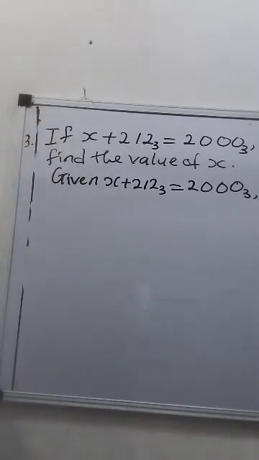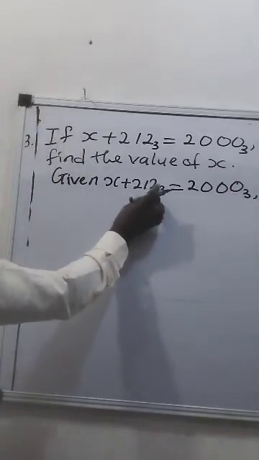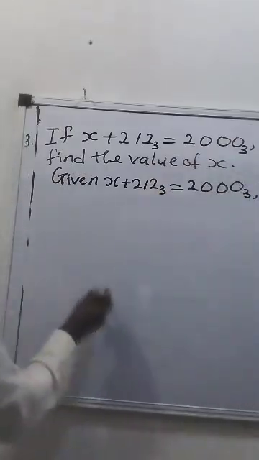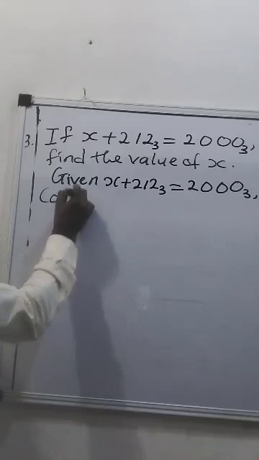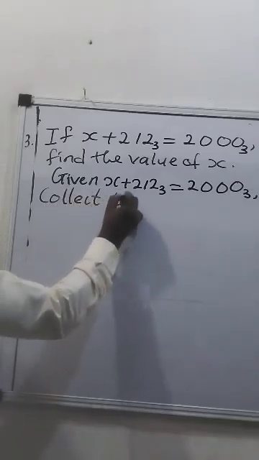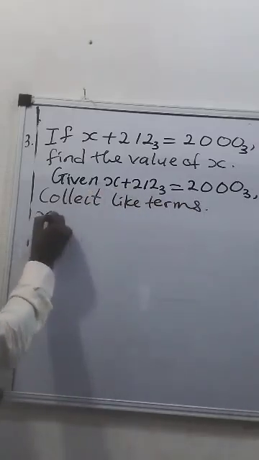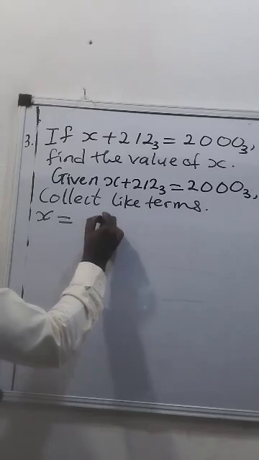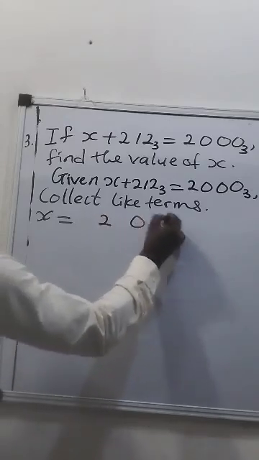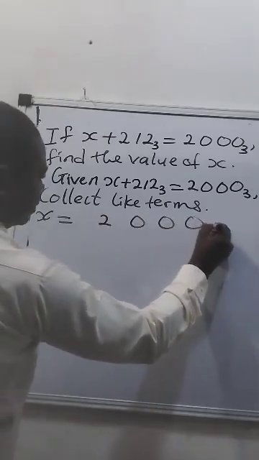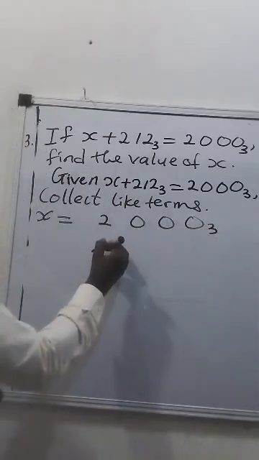So we are going to collect like terms. So we are going to take 212 base 3 to this other side. So collect like terms. So we have x now is equal to 2000 base 3. So I'm going to arrange it once and for all.